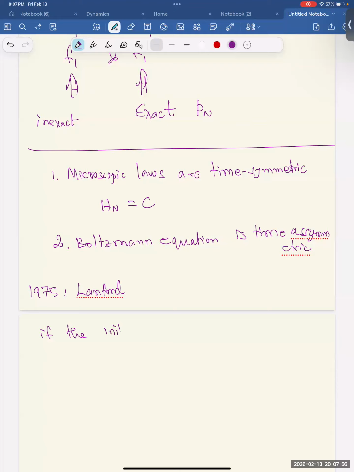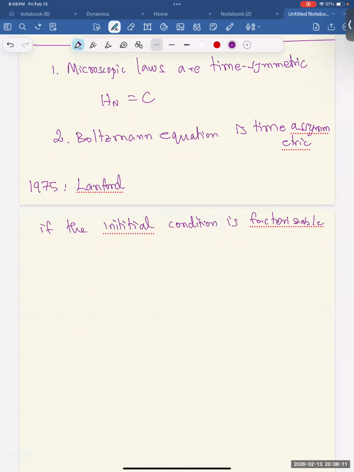the initial condition is factorizable, and by factorizable, all he means is P_n of (r1, v1, ..., rn, vn) at time t equal to 0 is written as the one-particle marginal corresponding to r1, v1 of the first particle, the one-particle marginal of the second particle, r2, v2, etc., F1 of the nth particle.